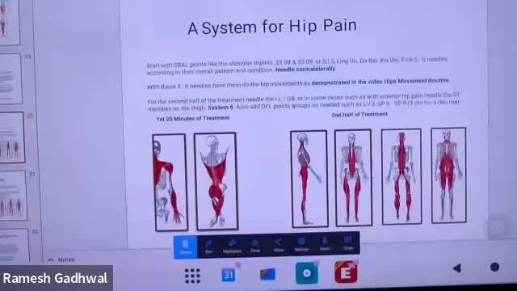Sir, the pictures on the screen are not visible properly. If we puncture, how do we puncture? In the first pictures there are no points, there are fascial planes showing how our meridians go and circulate in our body.